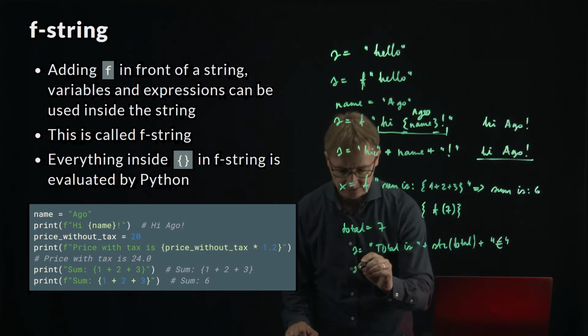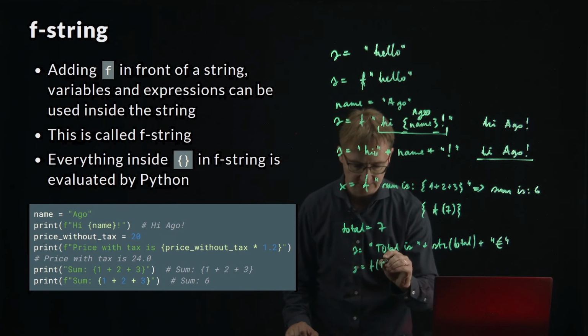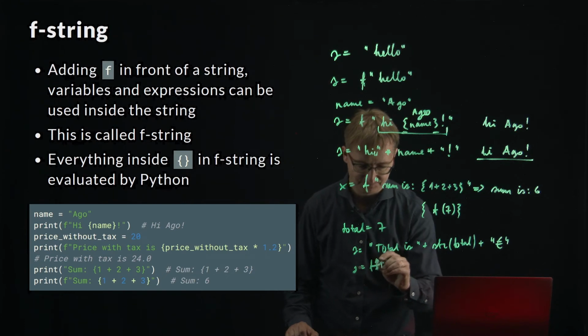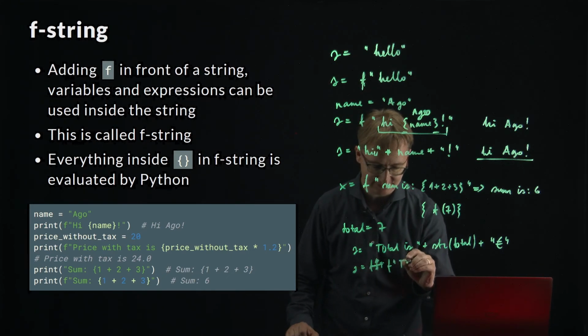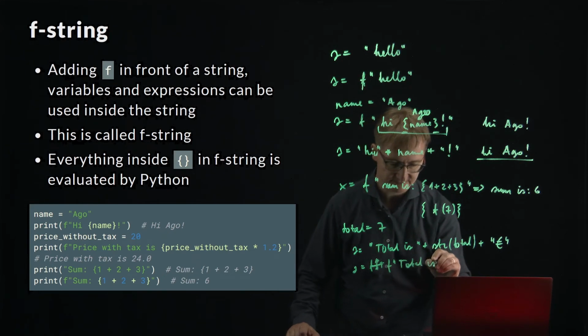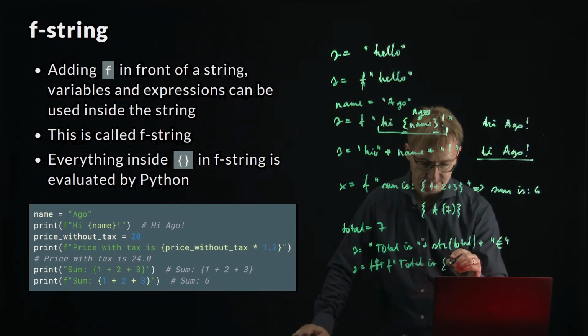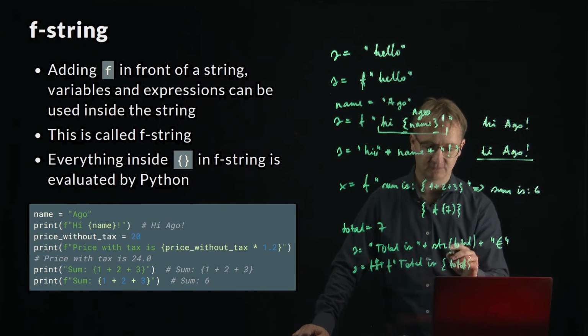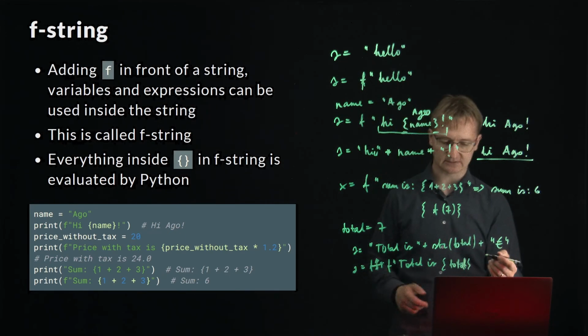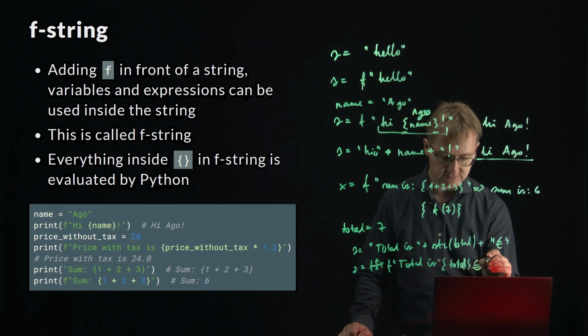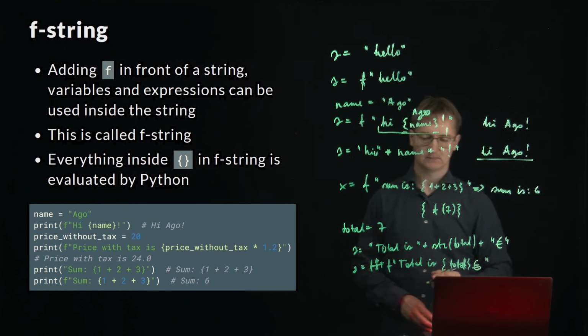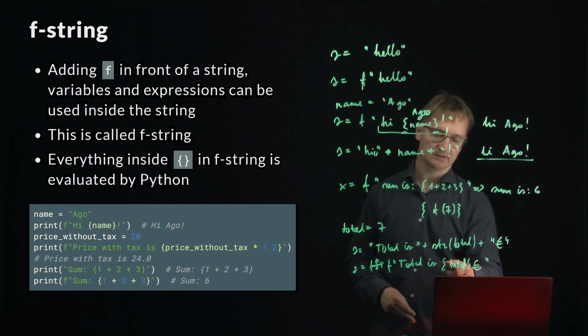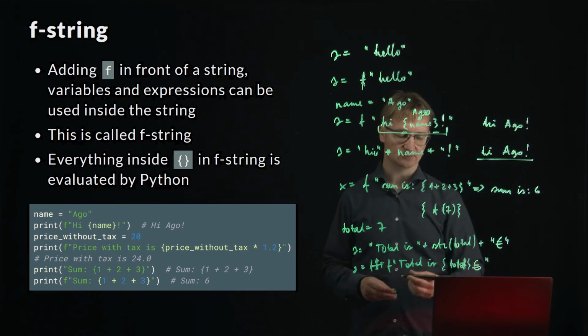But if I would write it as an f-string, I would write, let's say, quotes here, total is. Now I have added here. Inside f-string, I don't have to convert it to string. It's done automatically. Total euros. So as you can see, it's shorter, it's more convenient, and it's easier to read.